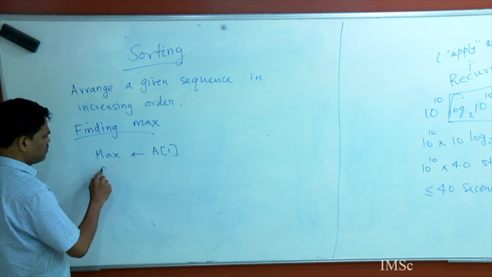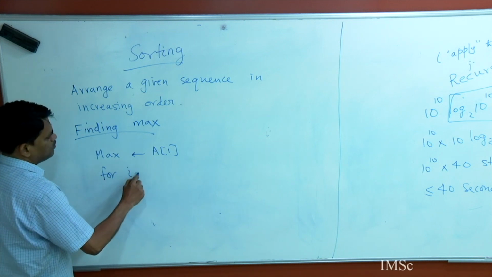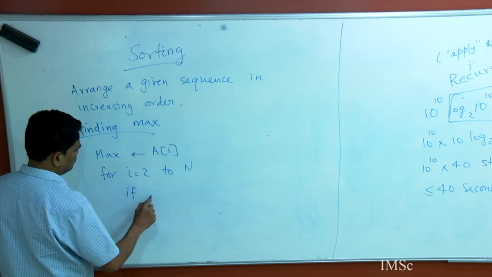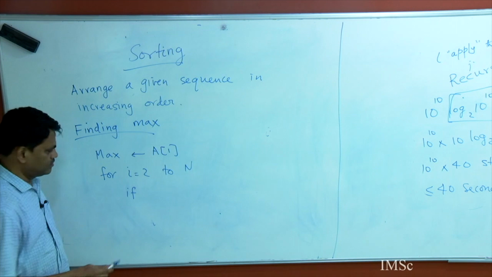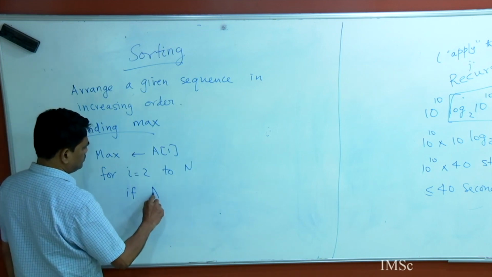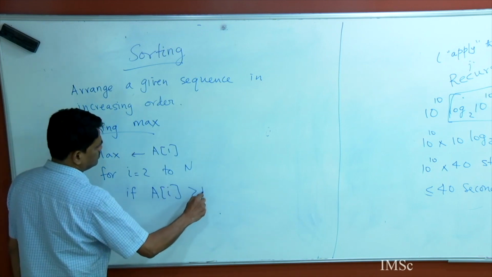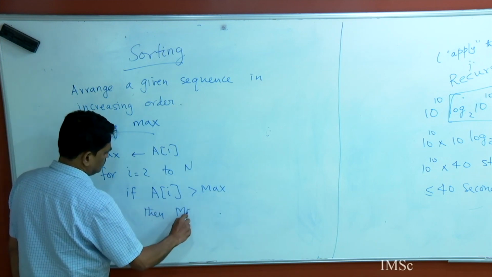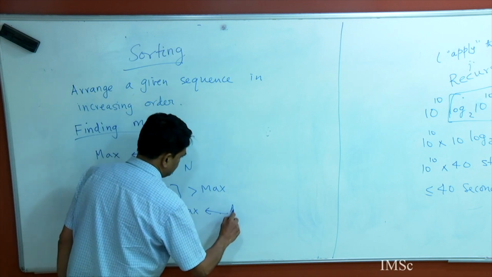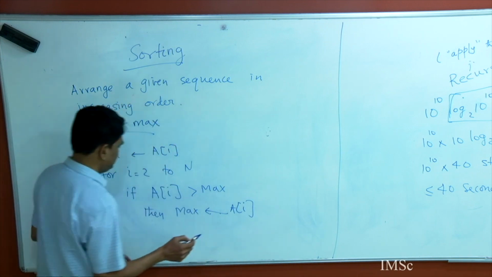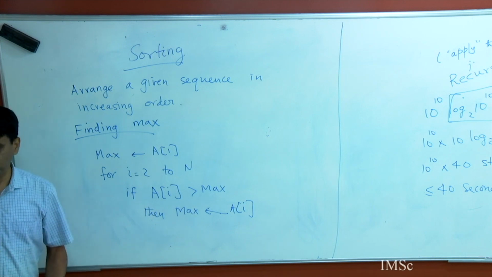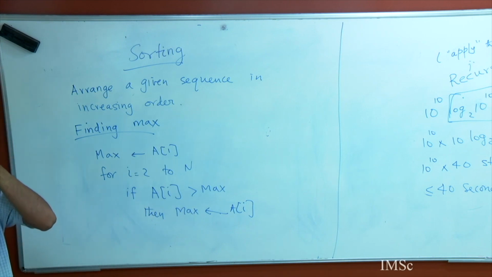And then I have a for loop which simply says if the element is greater than max, update max. And finally, what is stored in the variable max is the maximum element, right?